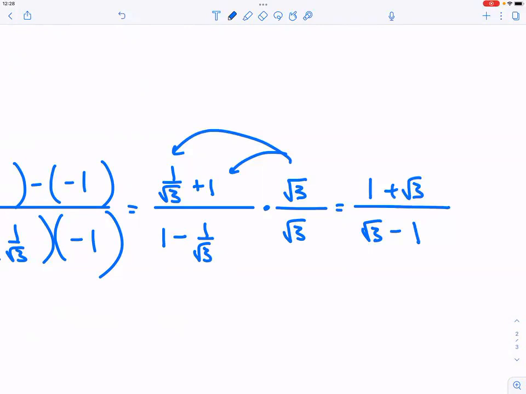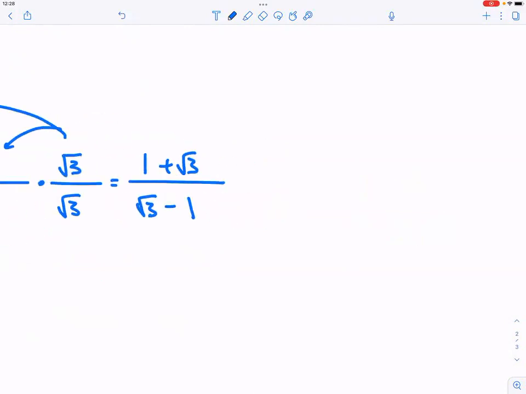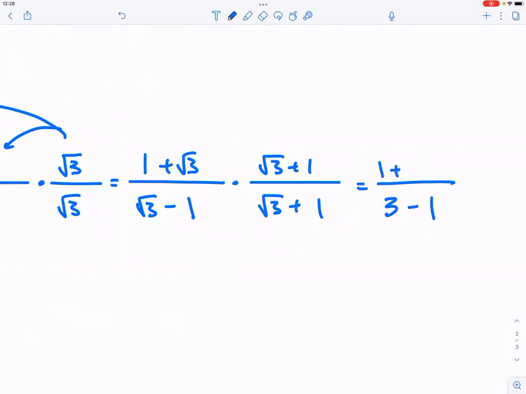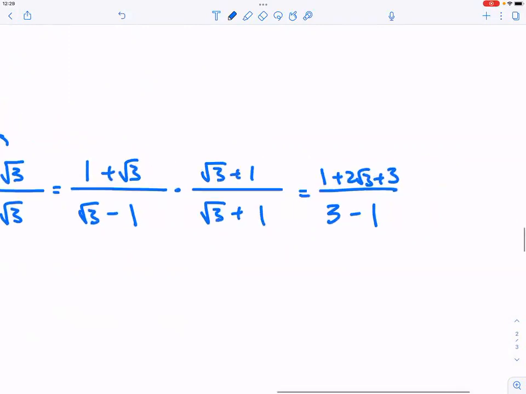And now you can have an easier time to do your rationalization by doing the conjugate, just like the previous one. So 3 minus 1, and then you have 1 plus 2√3 plus 3. So you have 4 plus 2√3, which gives you 2 plus √3.